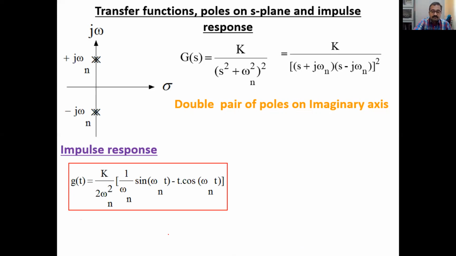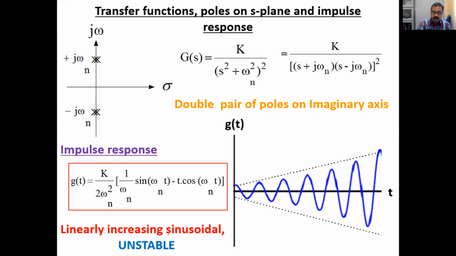It will be a linearly increasing sinusoidal function. You can see a product of a time function and cos omega nt. The time function will contribute to the linear increase, and the sinusoidal part will be varying within that. So the system will be unstable.